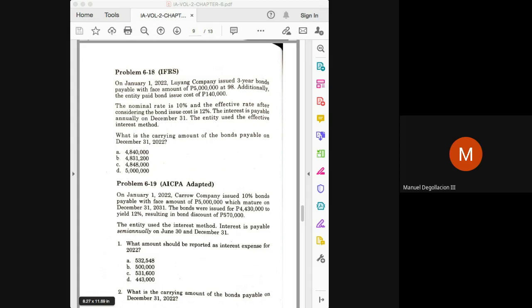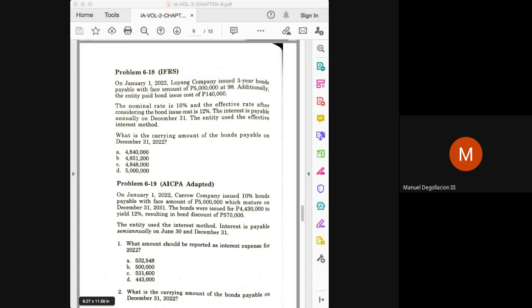Basically the question is for carrying amount, but to solve for the carrying amount, we need to determine first the updated balance, or the remaining or the unamortized discount. How do we get the remaining discount? First, we have to determine the amortization for the year. Once we get the amortization for the year, we deduct that from the initial discount. Again, how much was the initial discount? 240.